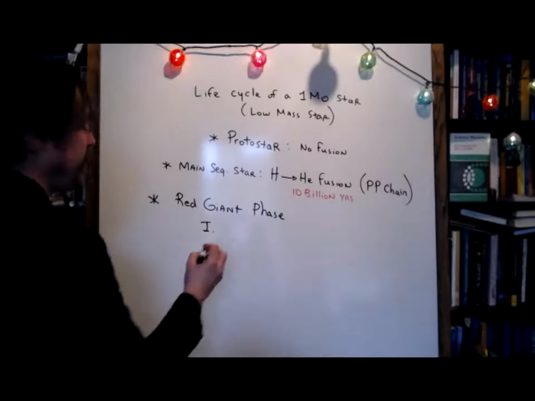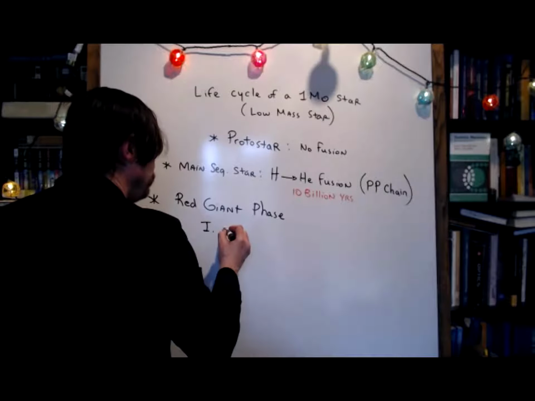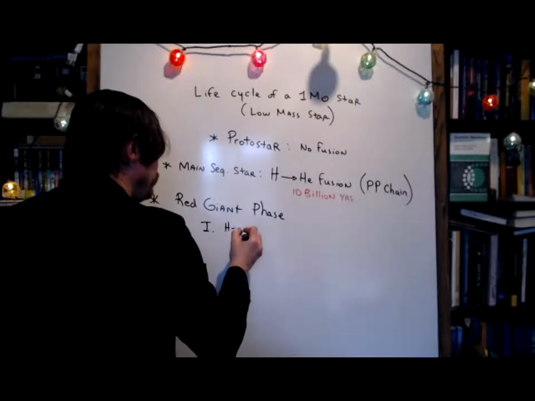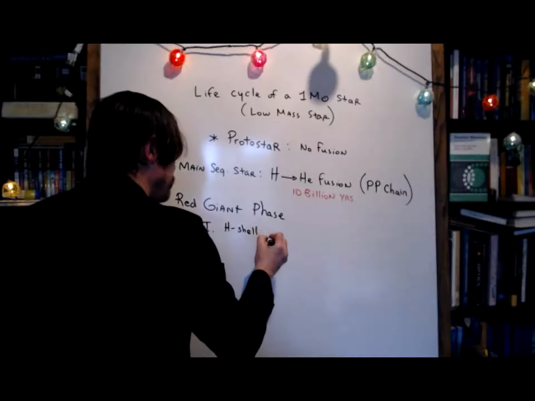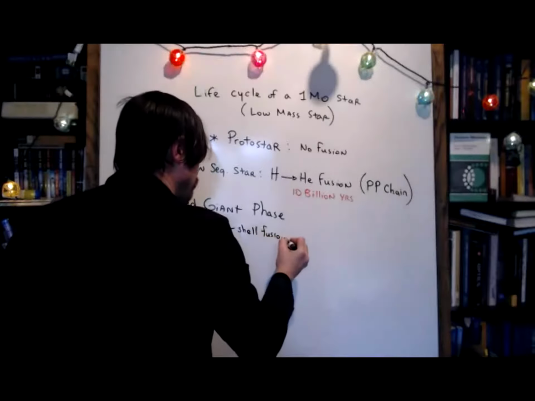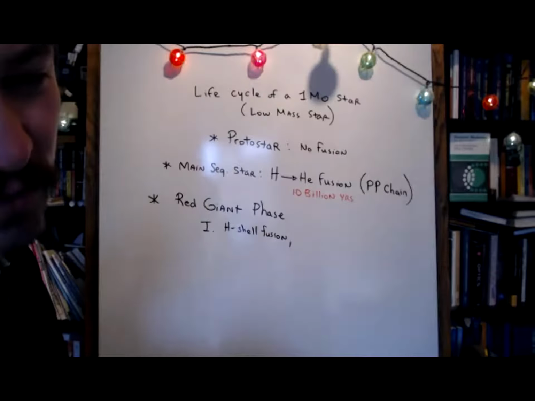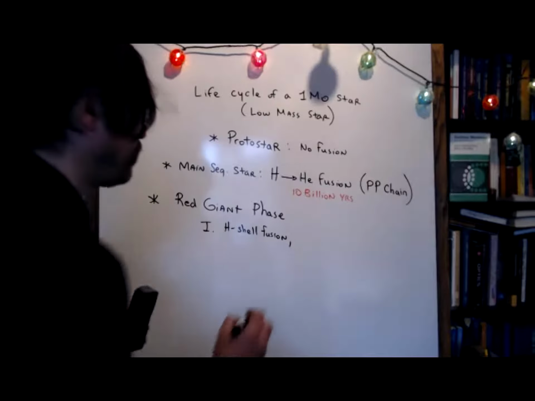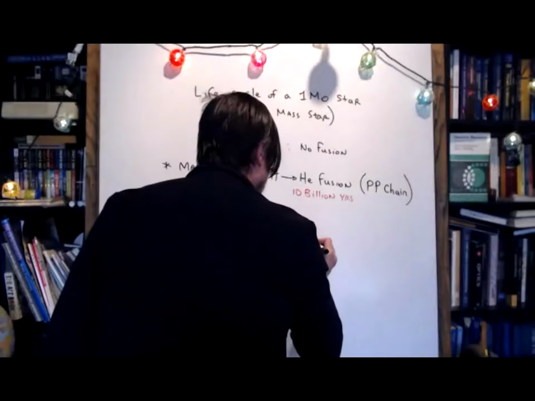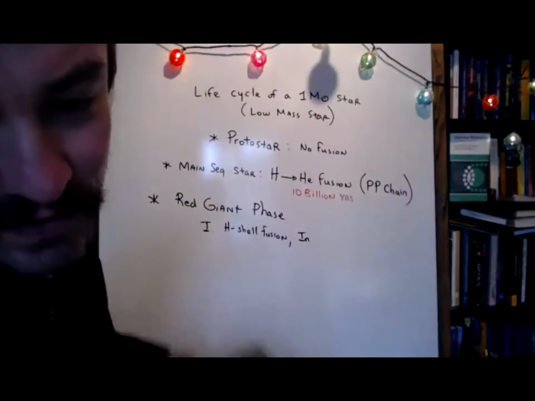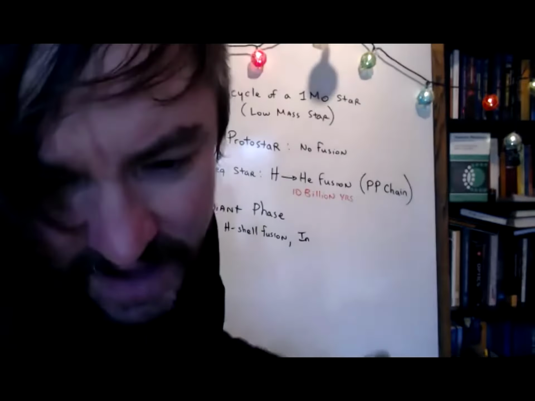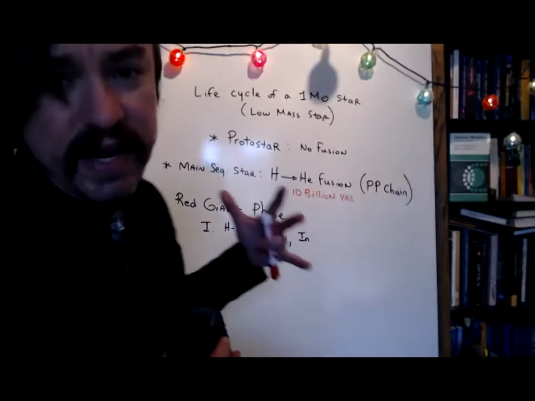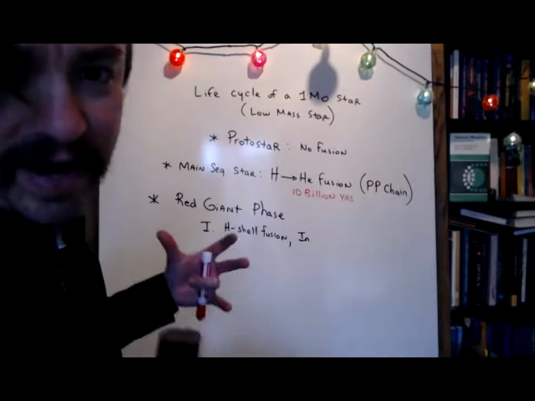Stage one is where you have hydrogen shell fusion. I'm going to use a fancy word, an inert helium core. Inert basically means you're not active. If you sit on the couch playing your PS5 all day, Austin, then you are inert. You are not active.